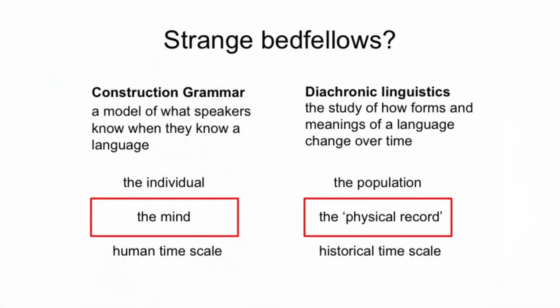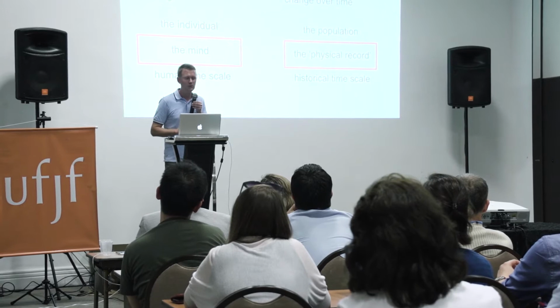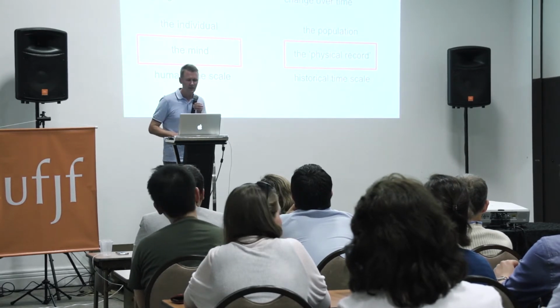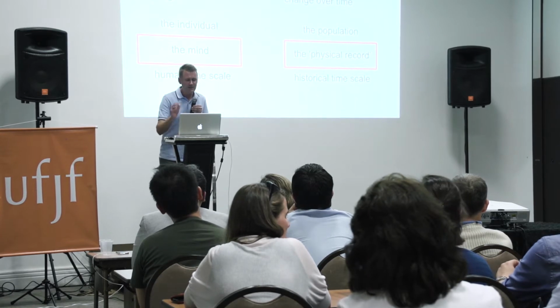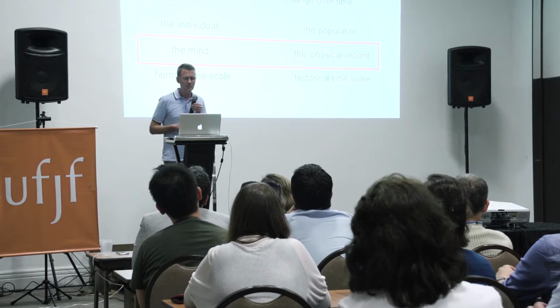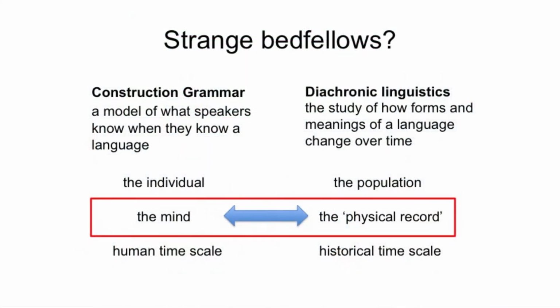Okay, now I sense that maybe a few people in the audience are a little uncomfortable with the idea that there might be a kind of construction grammar that is completely agnostic with regard to cognition. So an idea that may be on people's minds is, shouldn't diachronic construction grammar just embrace both of the two poles and study how the mind relates to the physical record?